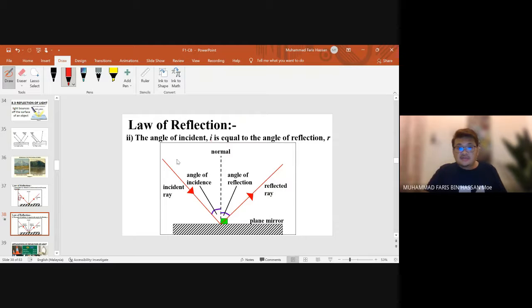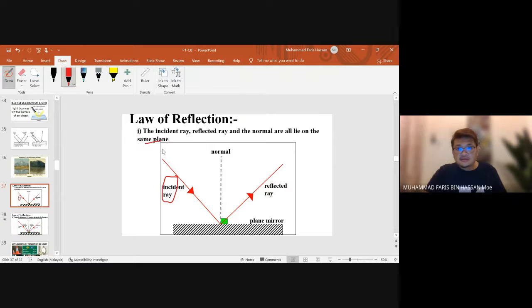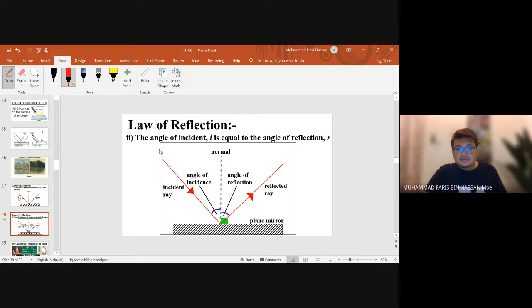So actually, as you can see here, when we got the ray, we call it as an incident ray. When it goes through the plane mirror, it will reflect back to form the reflected ray.